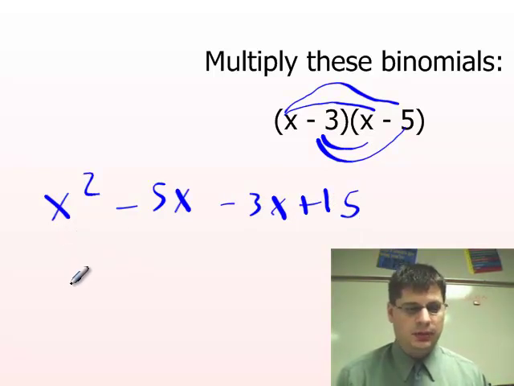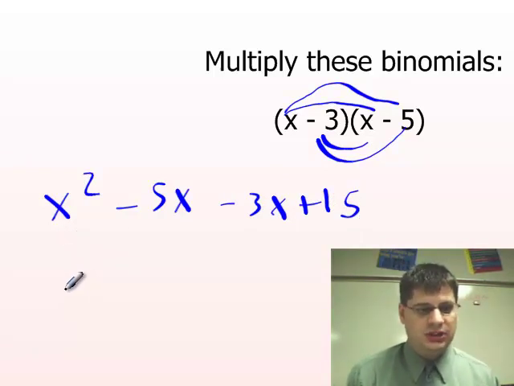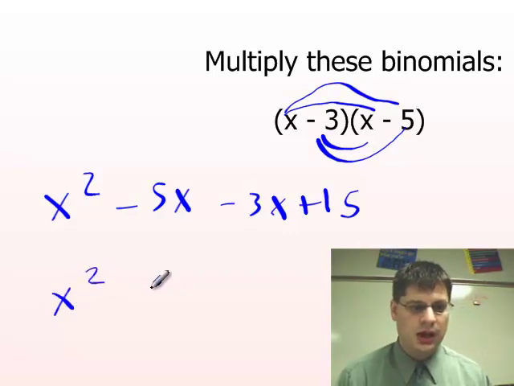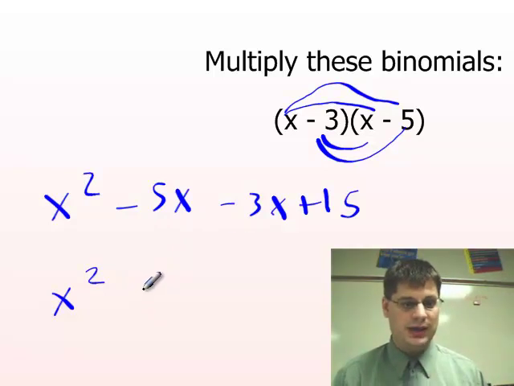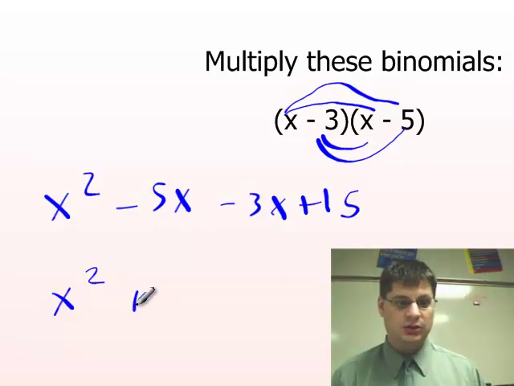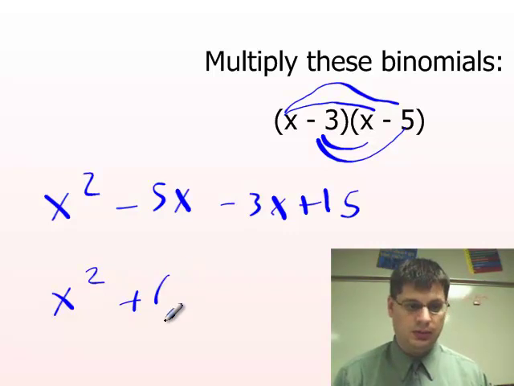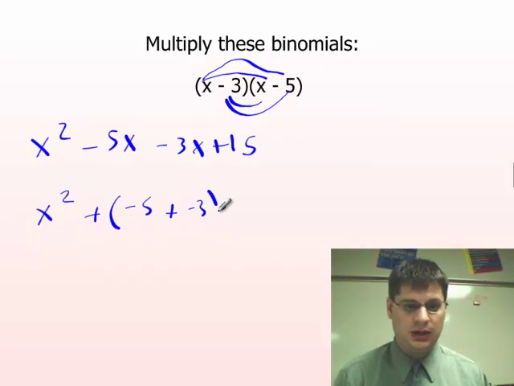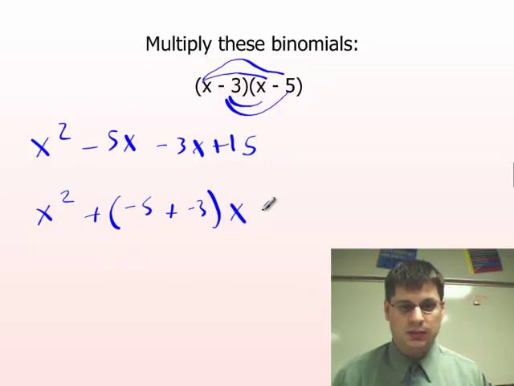And we just simplify. Now when we simplify, these two middle terms we're going to be adding together. So we're going to say plus, and we have a negative 5 and a negative 3 and an x. And the 15, keep in mind how we got the 15: we multiplied the negative 3 and the negative 5 together.